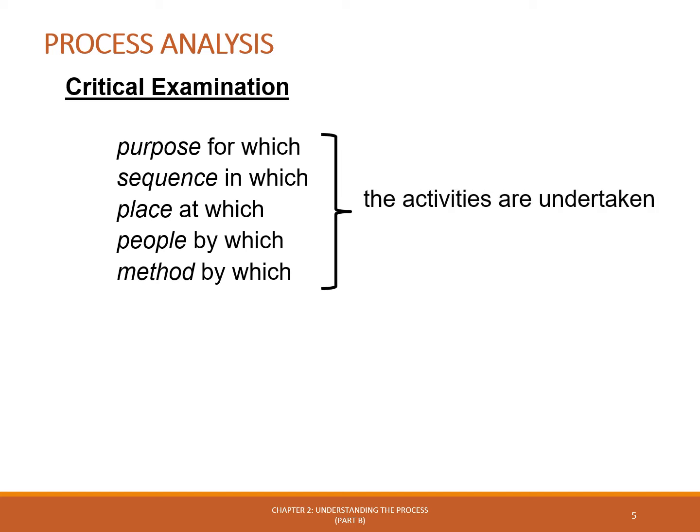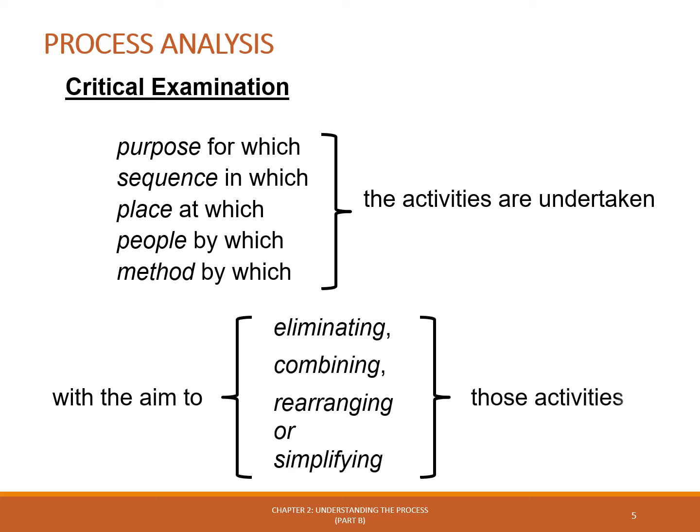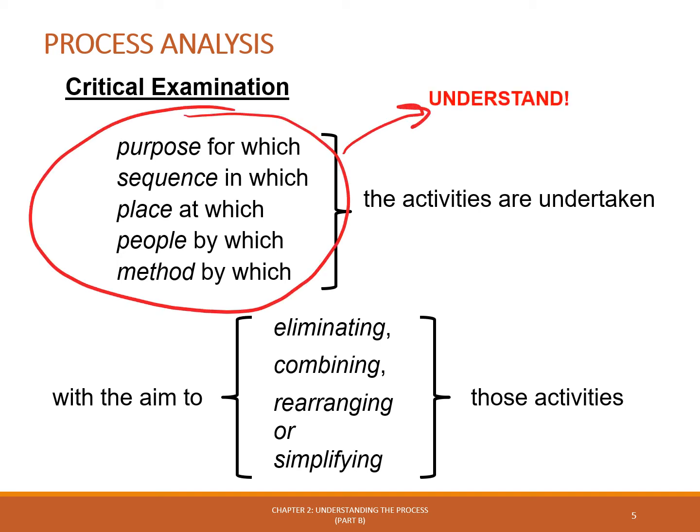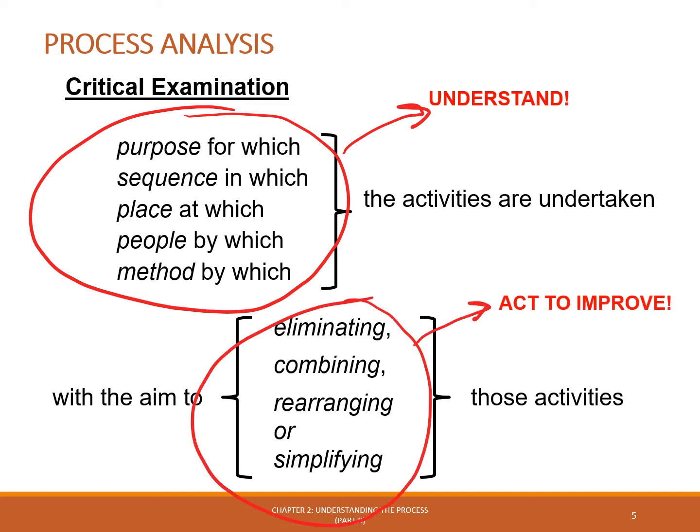This sequence of topics forms a comprehensive way to understand activities that are currently undertaken in the process, with the aim to eliminate, combine, rearrange, or simplify those activities. We can easily note here that the first list of topics is to understand the process as it is, and the second one is to act on the process to improve it.